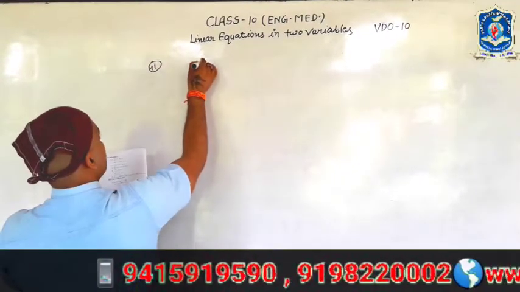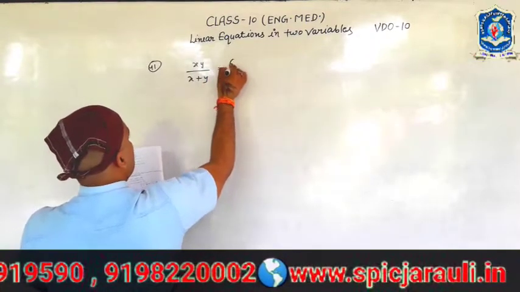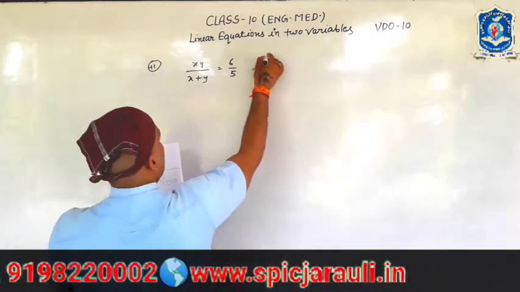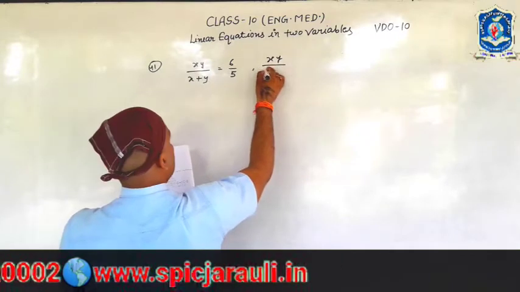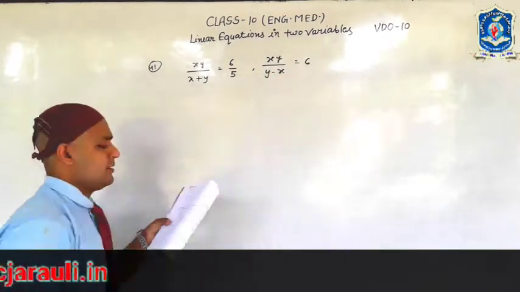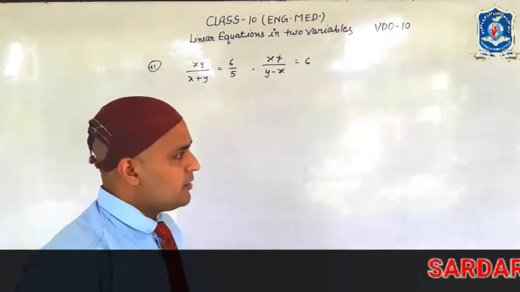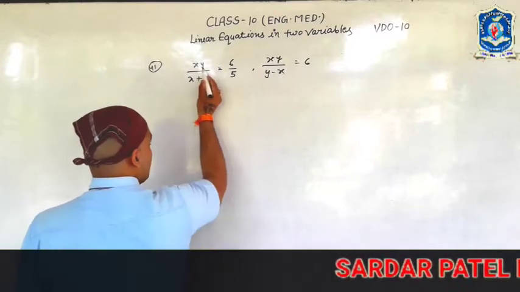Guys, xy upon x plus y is equal to 6 by 5, comma, xy upon y minus x is equal to 6. There is a trick, a very small trick. There is xy upon x plus y.